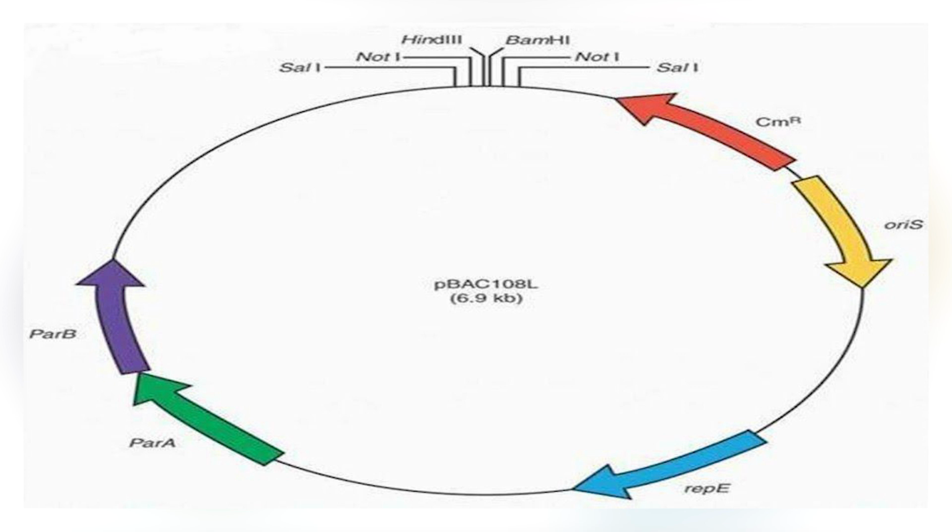So, this is a very important schematic diagram of one type of bacterial artificial chromosome, which shows all the necessary elements or genomic sequences to be present in the bacterial artificial chromosome.